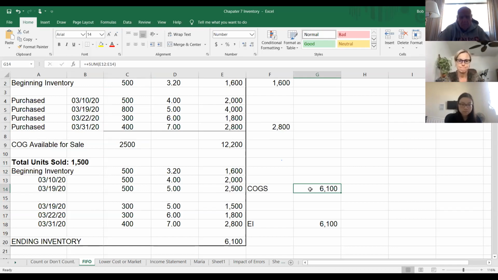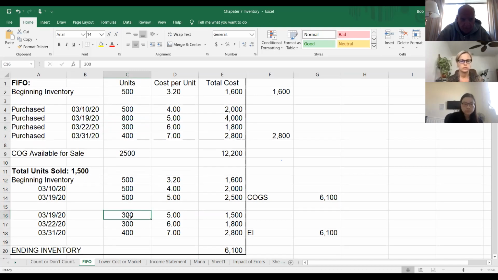We could have done the ending inventory calculation first if we wanted to. If FIFO is first in, first out, that means we have the new stuff still in the inventory. So we still have this 400, we still have this 300 from that layer, and we have the 300 we didn't ship out of this layer.